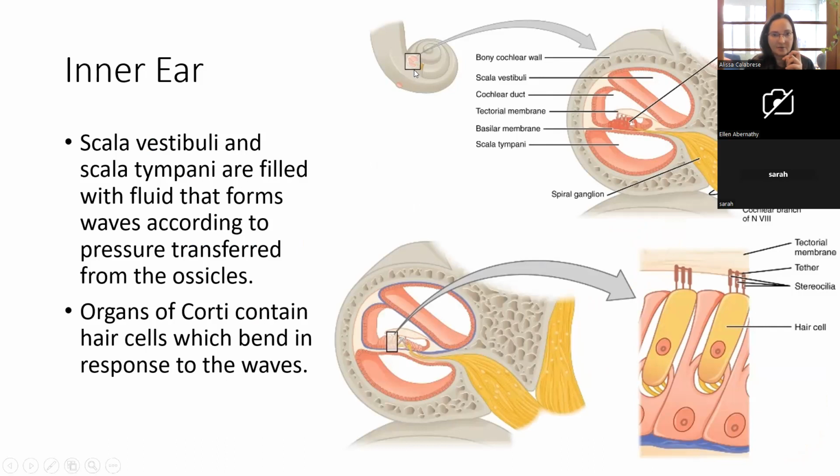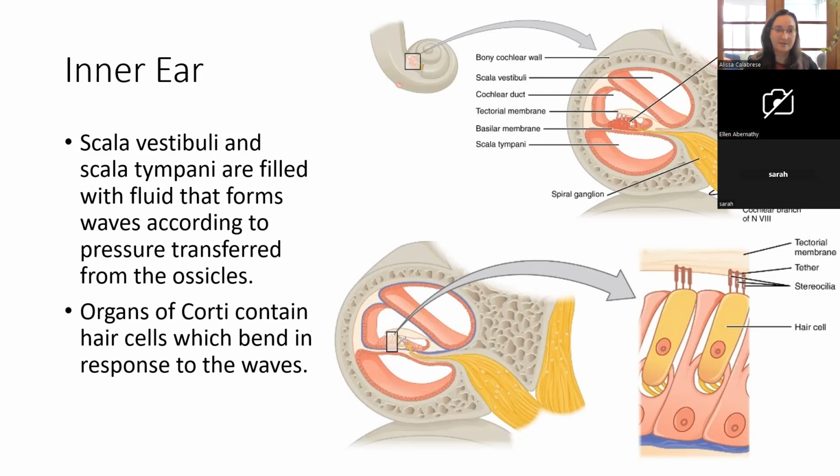The cochlea looks like a snail, all coiled up. If we do a cross section through that snail, we can see that it's divided into these three basic chambers here. The middle chamber has a very delicate structure called the organ of Corti.